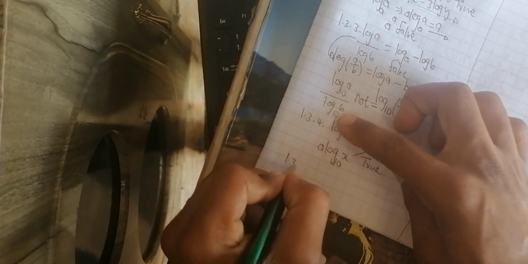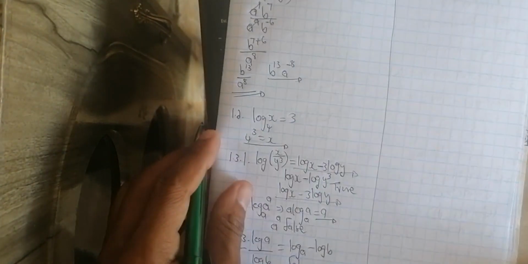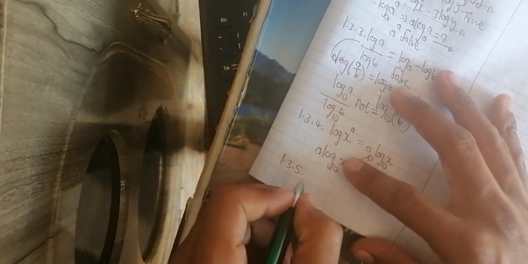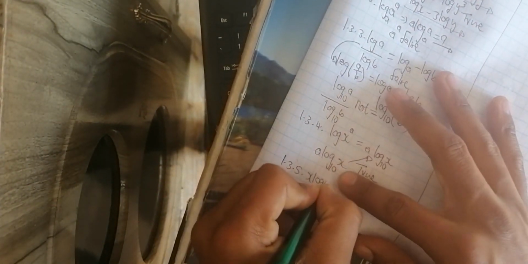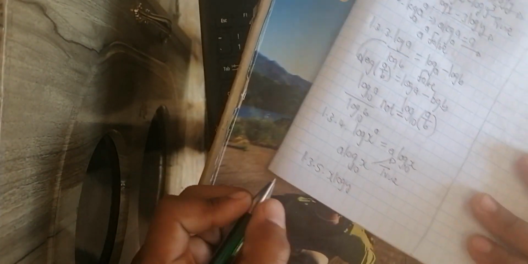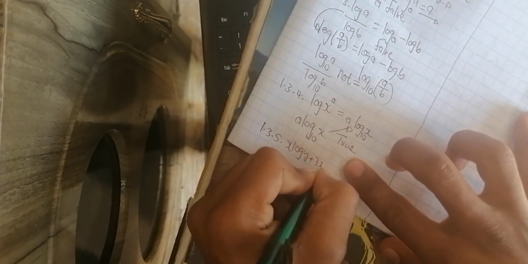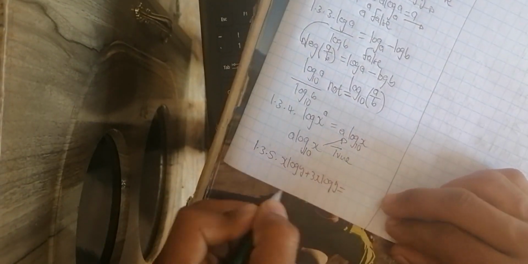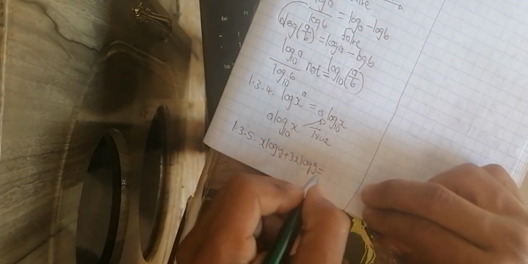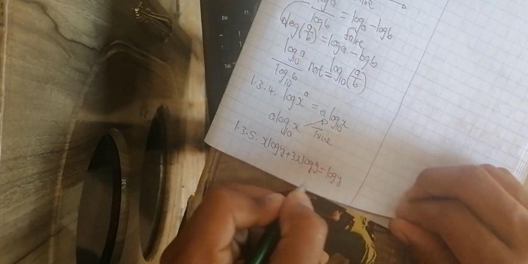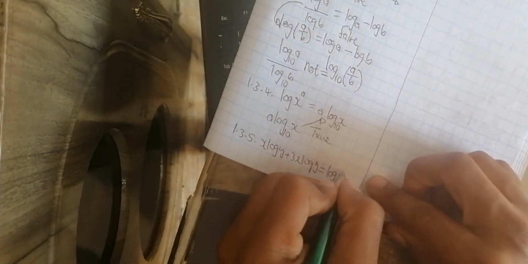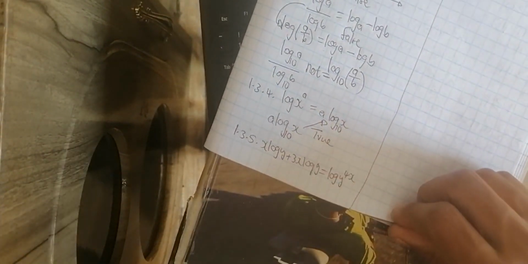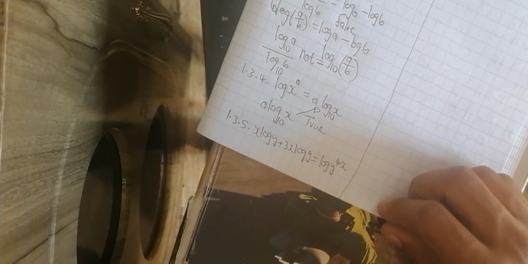Now let's go to 1.3.5. We have x log y plus 3x log y, and they are saying that this is equal to log y to the exponent of 4x. Let us check whether this is true.